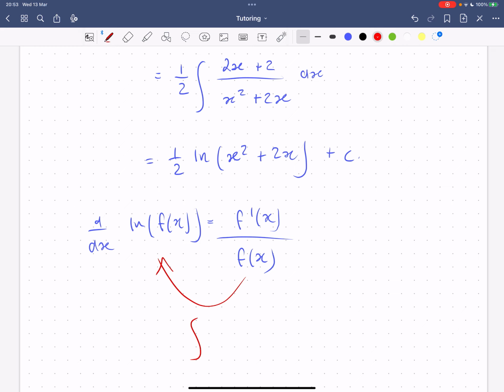Now it's expected that you are able to understand this and realize that the opposite of, again, and I keep going on about this, the opposite of differentiation is integration, and it's expected that you can recognize these forms and go back to the original function that has been differentiated through integration.